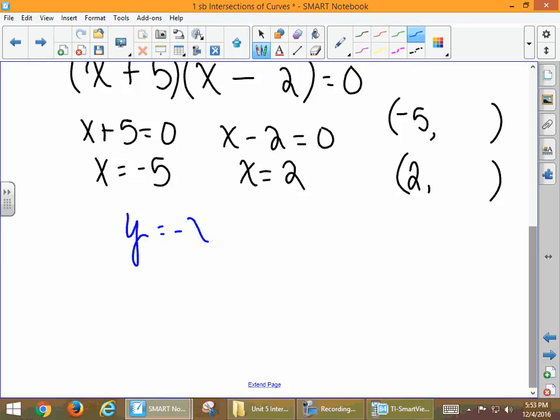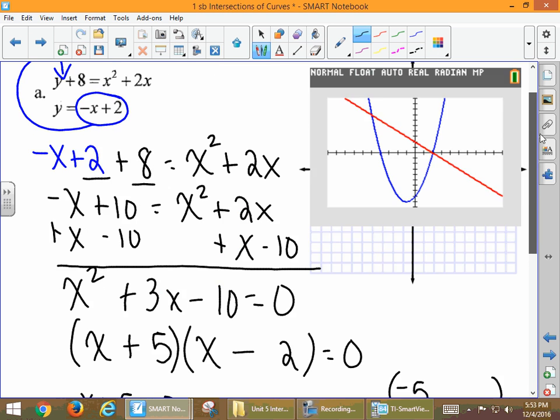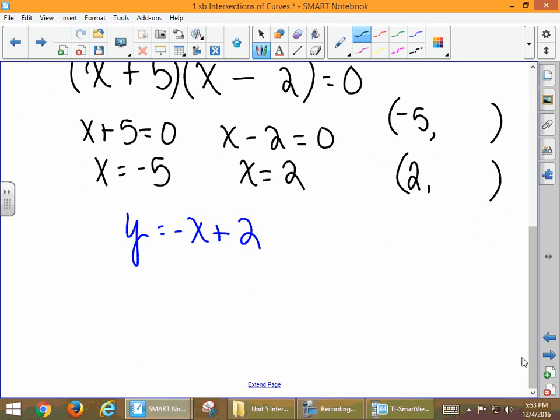So y equals negative x plus 2. We're going to take that value of negative 5 and put it back in this equation. So this is going to be negative of negative 5, which is positive 5, plus 2, 7. So there's our value of y.